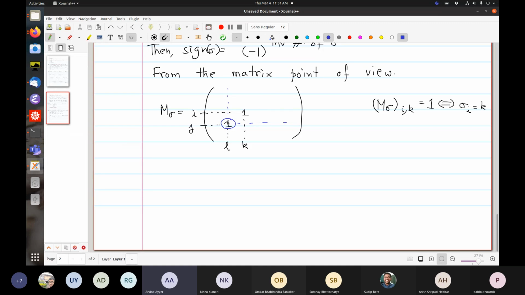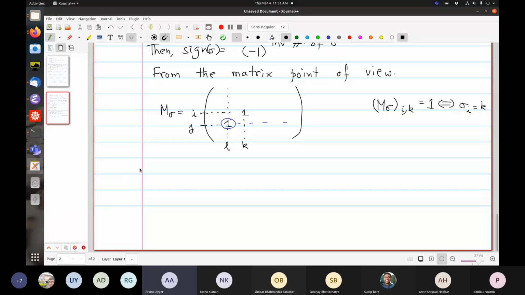That will give me the values which are giving an inversion with this particular one. Then I do the same for all of the ones. And you can easily check that the identity matrix will have 0 inversions because there is no such pair.